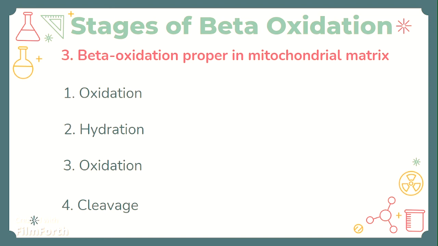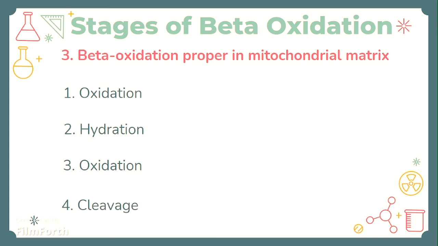In oxidation, acyl coenzyme A undergoes dehydrogenation. Dehydrogenation is the process by which hydrogen is removed from an organic compound to form a new chemical by an FAD-dependent flavoenzyme, acyl coenzyme A dehydrogenase. A double bond is formed between alpha and beta carbons.